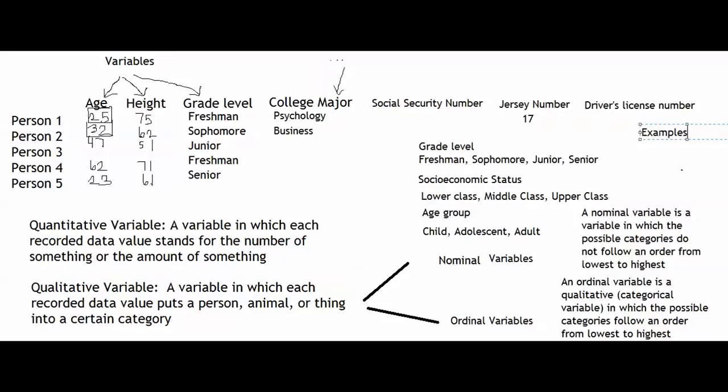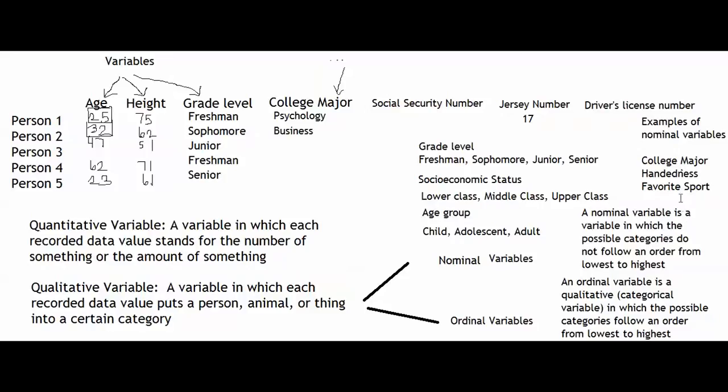So, examples of nominal variables: I said college major, and handedness, which means the categories are left-handed and right-handed people. What about favorite sport?